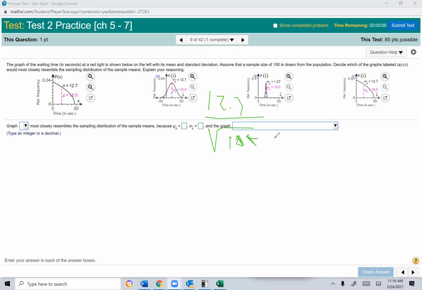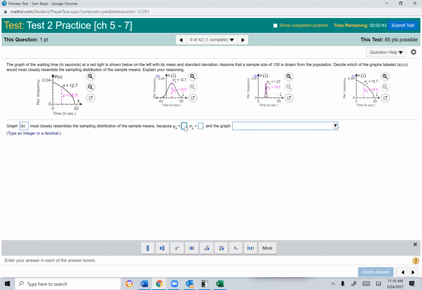Yep. So if you choose the answers, here's how you choose them, guys. Graph B most closely resembles the sampling distribution because mu of x bar is the same, which is 18.5.